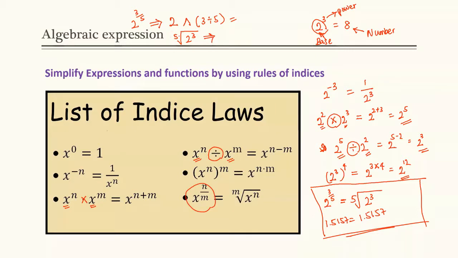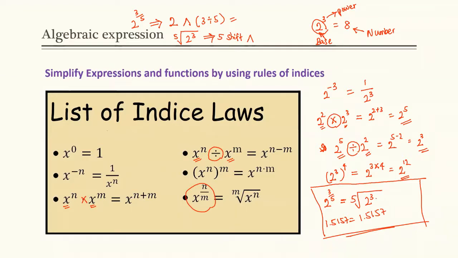First, you need to give the root value. The root value is 5. We are going to find the fifth root of this. So you need to press 5. To get this root symbol, you need to press shift and then that power button.